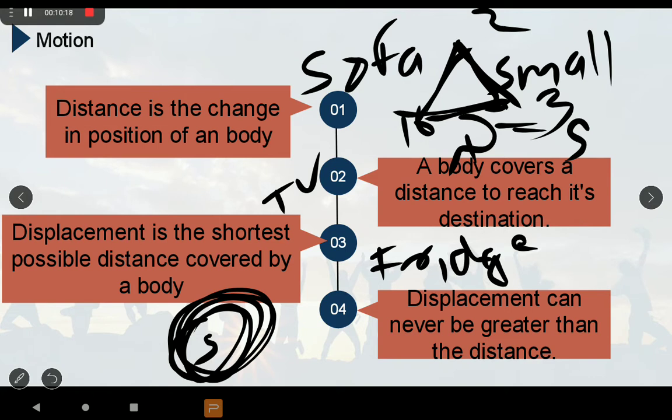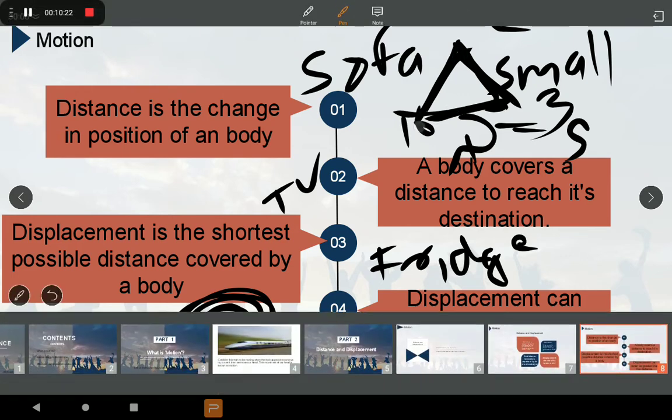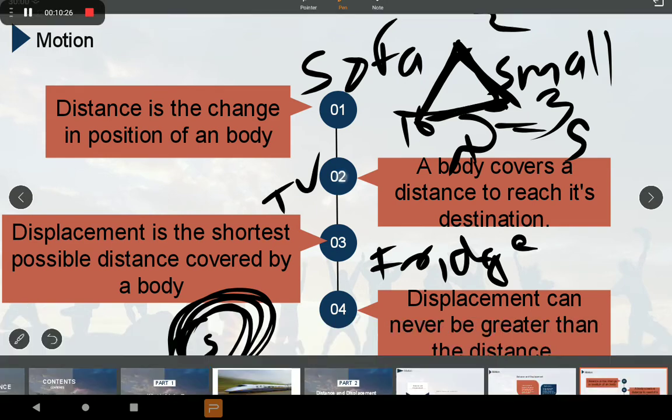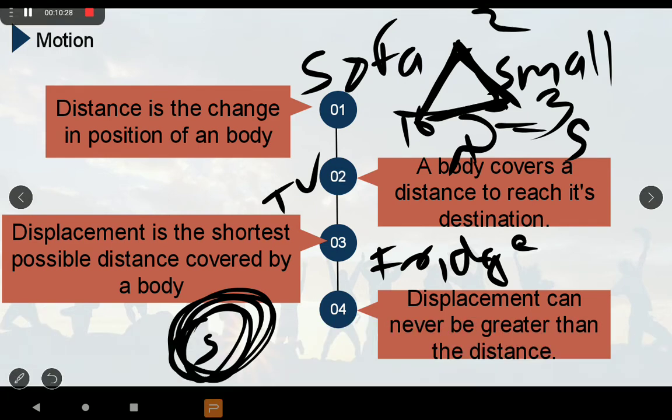Where were we? Yeah, sofa, TV, and again sofa, fridge. Let me take a simple idea for you. Let's take this as 5 steps, and this is 6 steps, and this direct way is 4 steps.